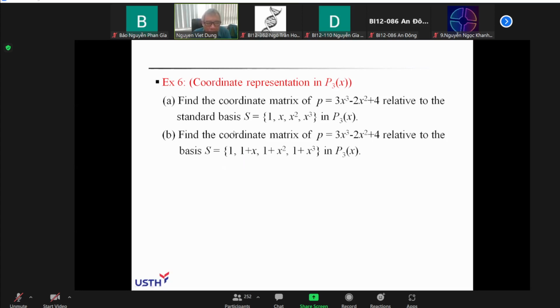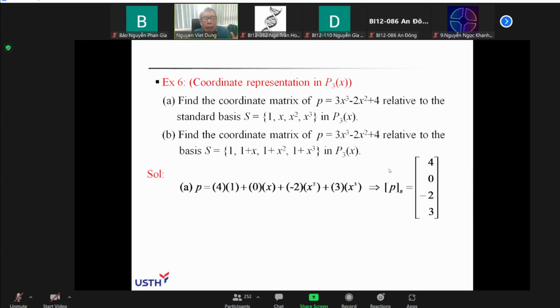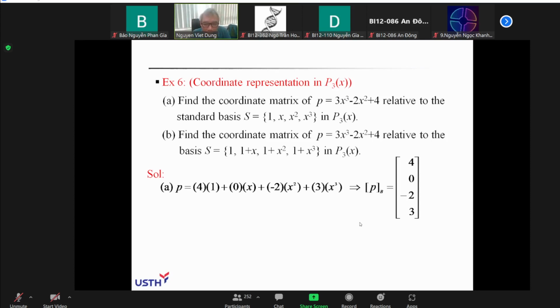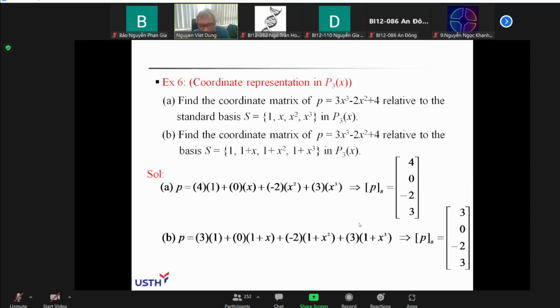And then you are required to find the coordinate of the same element, but now relative to a new basis, the new basis is here. If we apply what we did already, you can find it. It's very easy, so I list here only the result. I will not write down the calculation here for you.